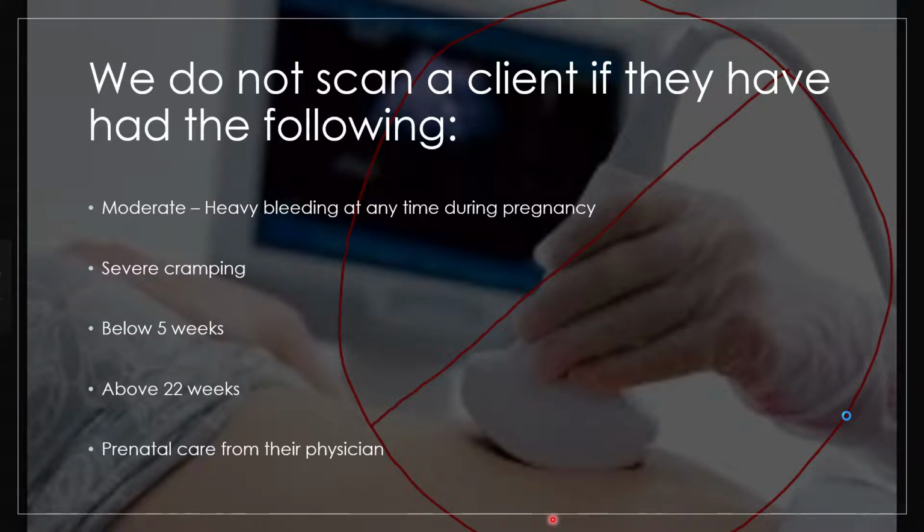And honestly, I would suggest 6 weeks being that line, because you wouldn't want to show someone an ultrasound image and not be able to see the baby and then think that, oh, it's not there. So it's just best to follow the guidelines of the facility that you're volunteering at. And above 22 weeks, some places it's 20, some places it's 24. It really just depends, but typically by that time they are under the care of a physician.